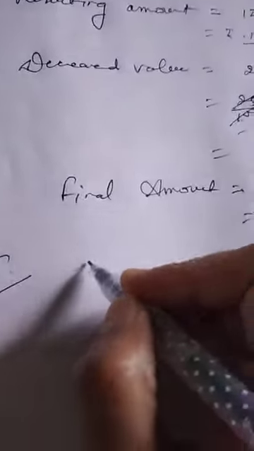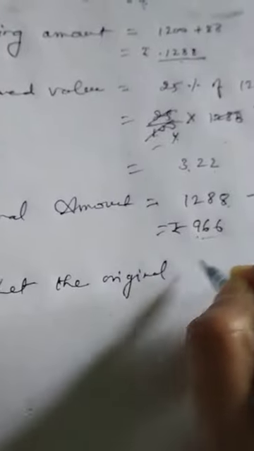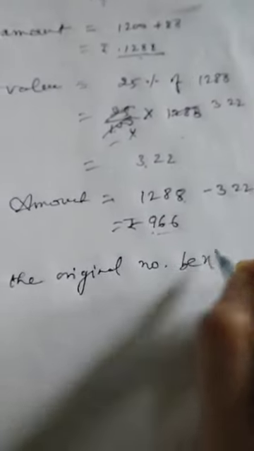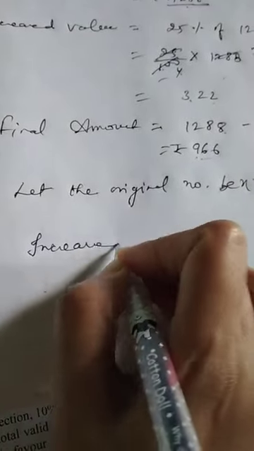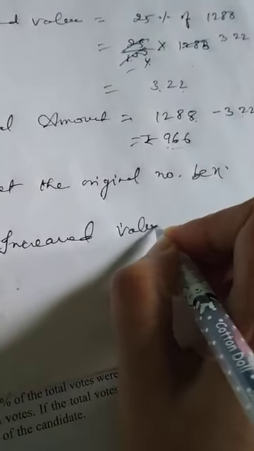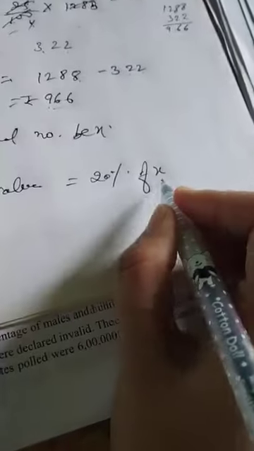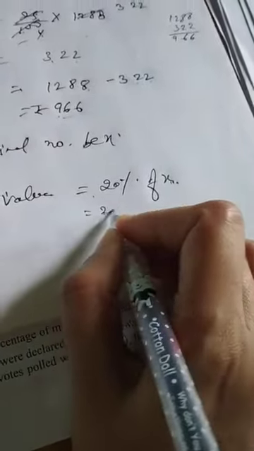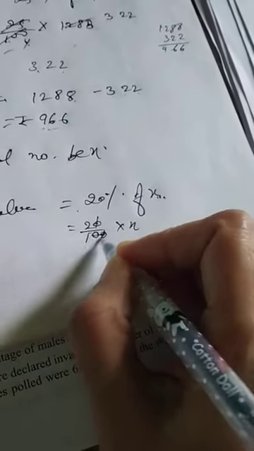You have to find that original number whose 20% is increased and the number became 1500. So we will let the original number be x. We know it's increased by 20%. So the increased value is equal to what? 20% of x, which means 20 by 100 into x. 2 5s are 10.